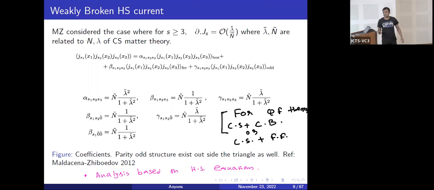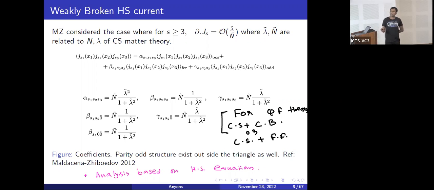For a particular class of theories called quasi-fermionic theories, which are Chern-Simons theory coupled to critical boson, where critical boson means you couple the free boson theory with the phi to the 4th theory, it's a Wilson-Fisher fixed point of the free bosonic theory. All these things are at large n. Or Chern-Simons theory coupled to free fermion. These are examples of quasi-fermionic theories.